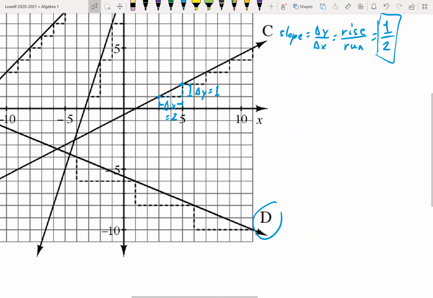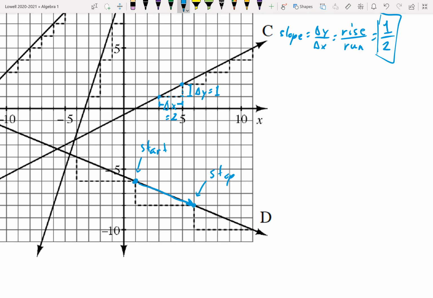Now, with D, this one's going to be interesting. So let's say we went, like we said before, from this point down to this point. Okay, so in this case, if this is where I start, I'm going to write out specifically where I start and then where I stop. Now, since I'm going from left to right on this graph, we said it's going downward.